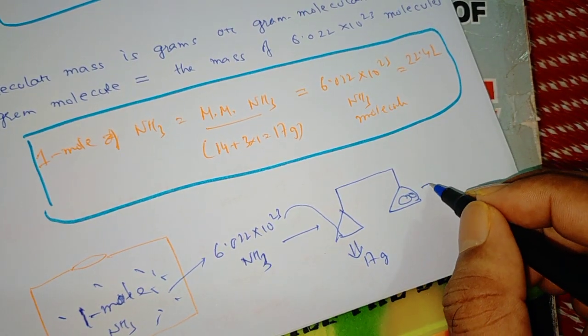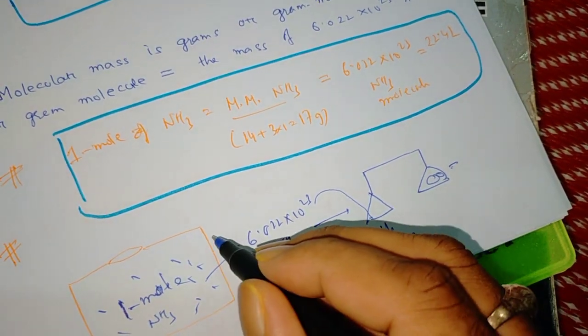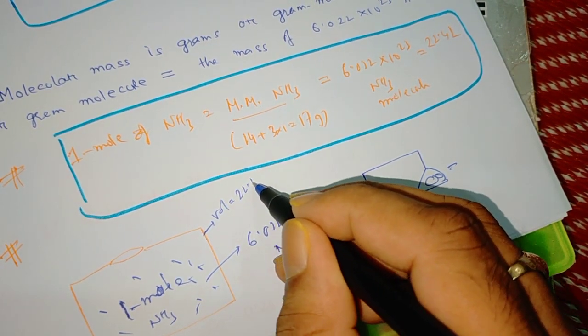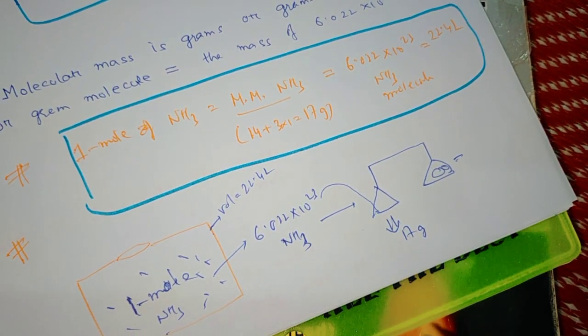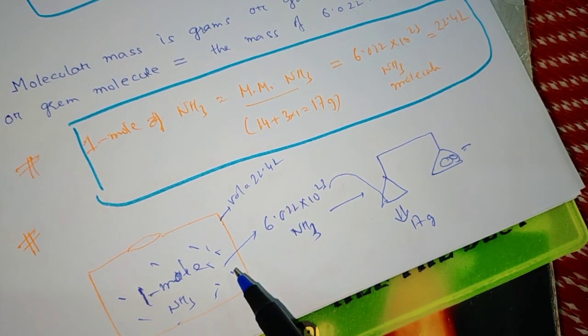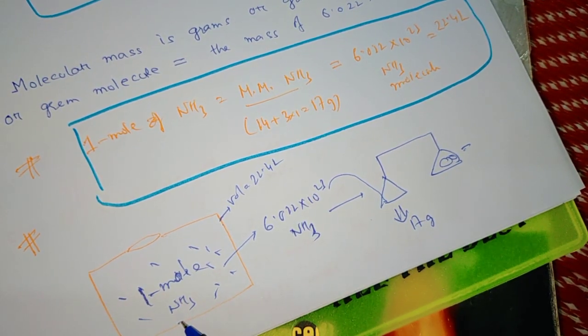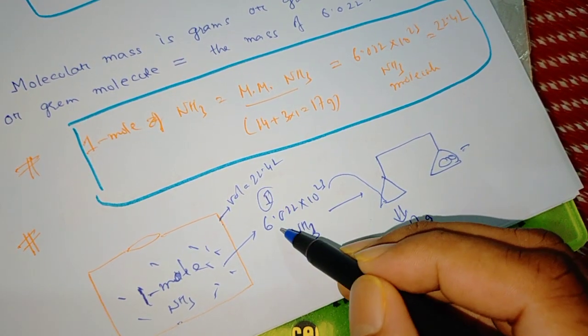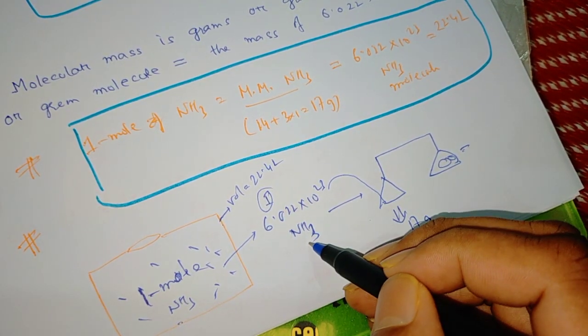Now if you want to know what will be the volume of this one, in terms of volume it is 22.4 liter. So what I want to conclude is that 1 mole of ammonia, this is point number 1, 6.0 × 10^23 ammonia.